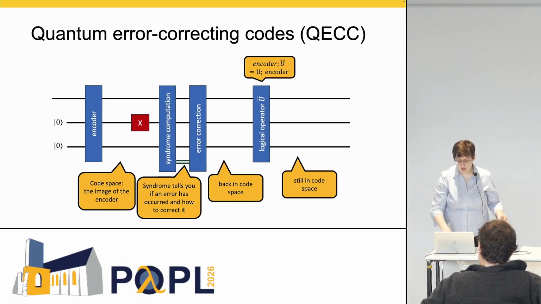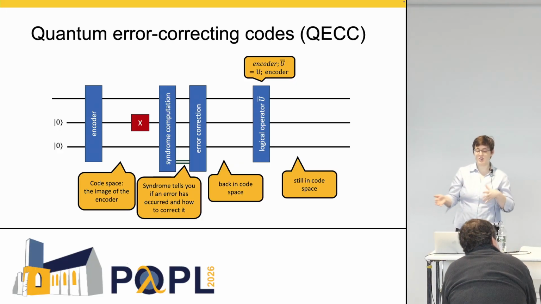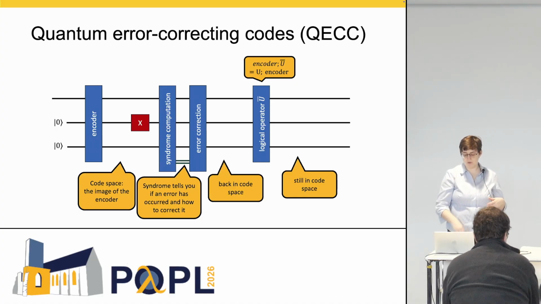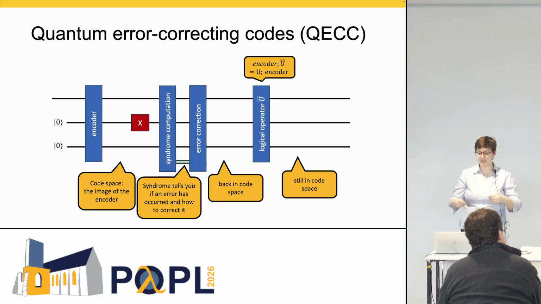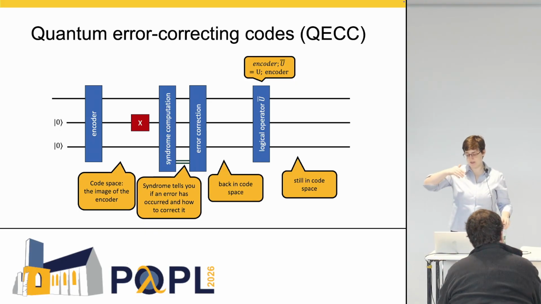We also want to be able to do operations on this code space, which act as though we had done them on the logical qubit from the beginning. But we want to do those operations on the encoded space so that at the end, we end up in another state in the code space.